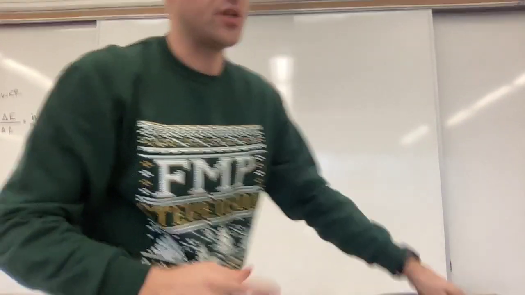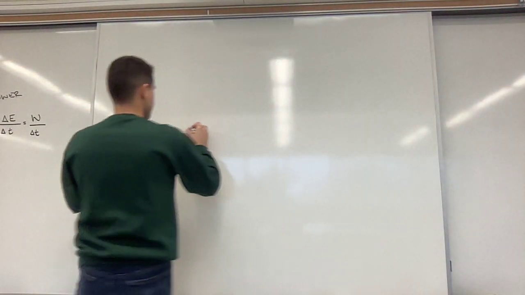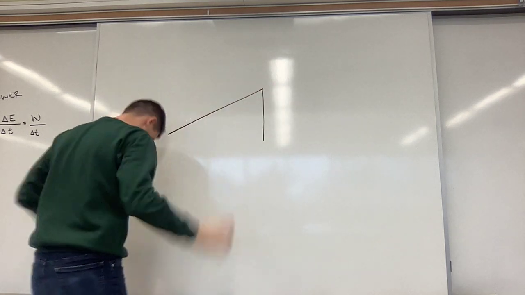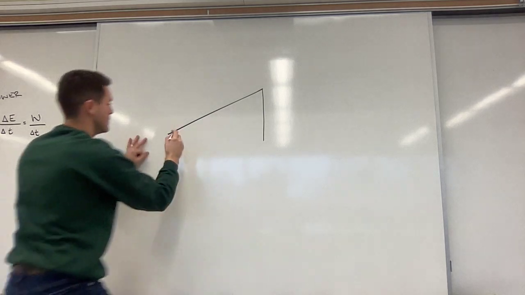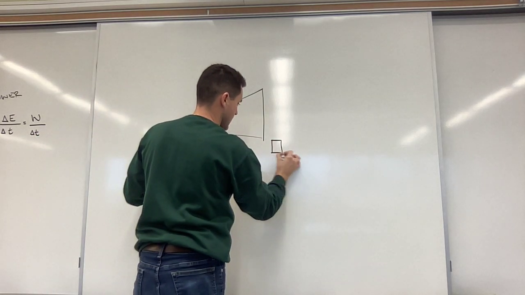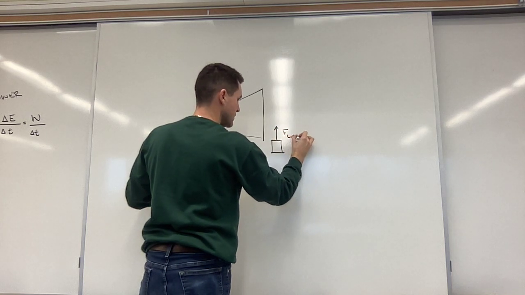So let's go ahead and sketch a picture real quick so that we know what we are doing. All right, I've got this ramp here. The cart can be here below the table and lifted up with the force of the lift.